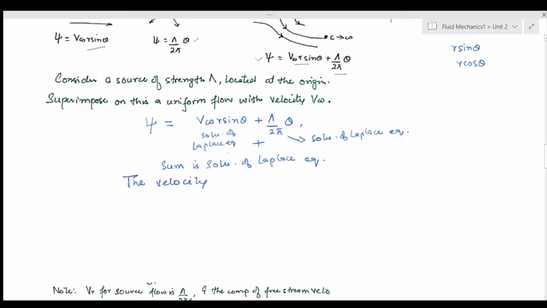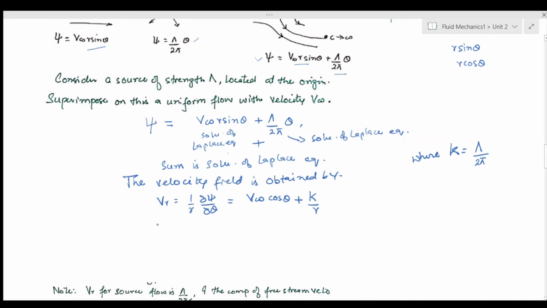So the velocity field is obtained by, you can get your Vr, which would be equal to 1 by r del psi by del theta, and this would come out to be V infinity cos theta plus k by r, where this k is nothing but a short symbol to represent lambda by 2 pi.